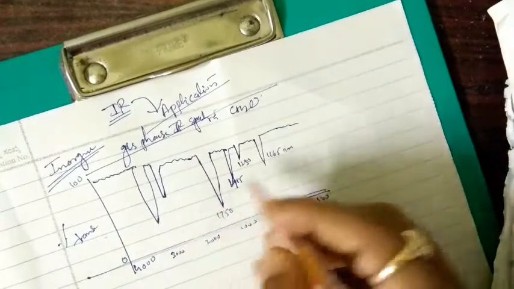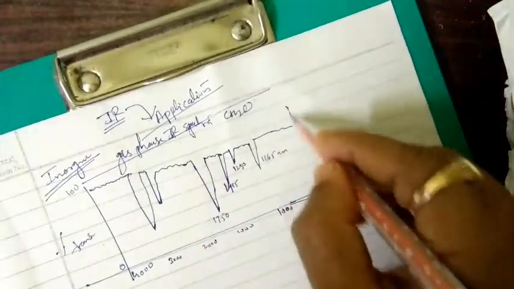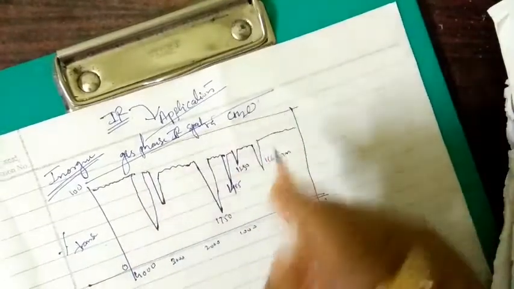Like this we get the frequencies of formaldehyde.